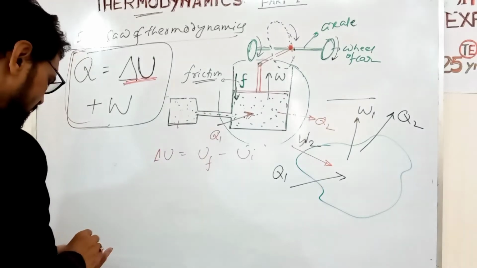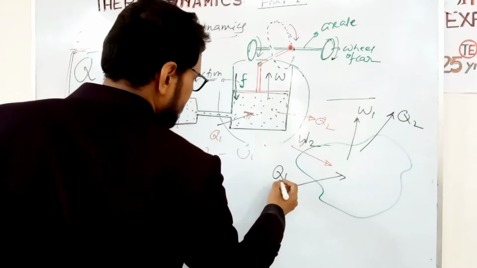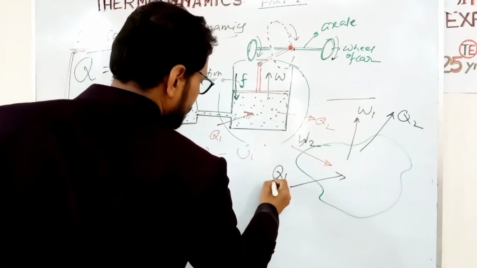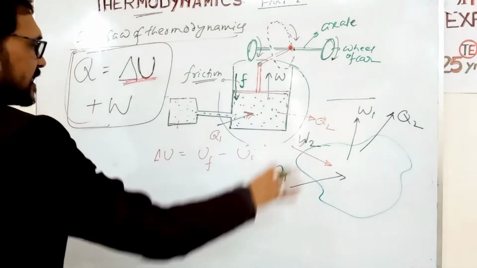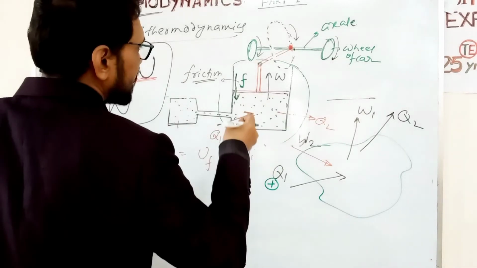Now here we can assign the signs. Q1 is positive because our aim of a thermodynamic machine is to get some work done by the system.